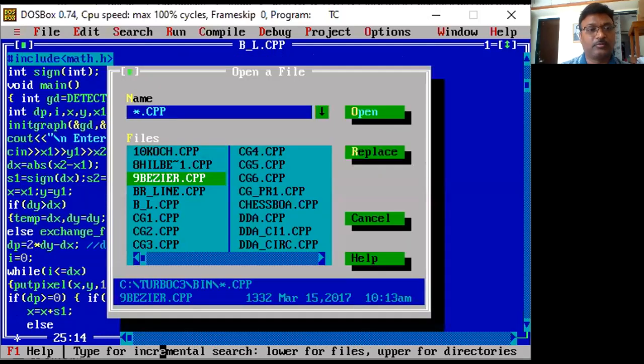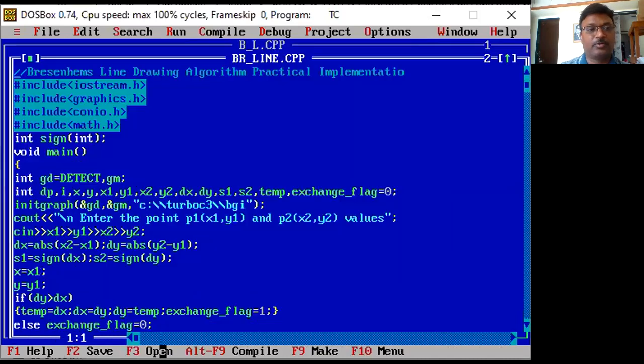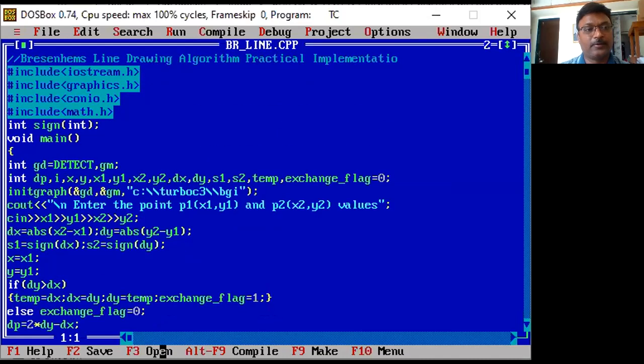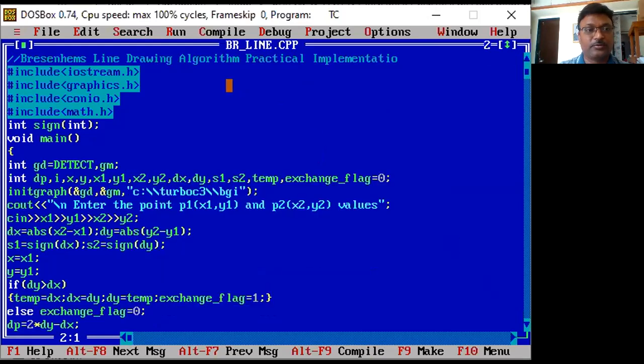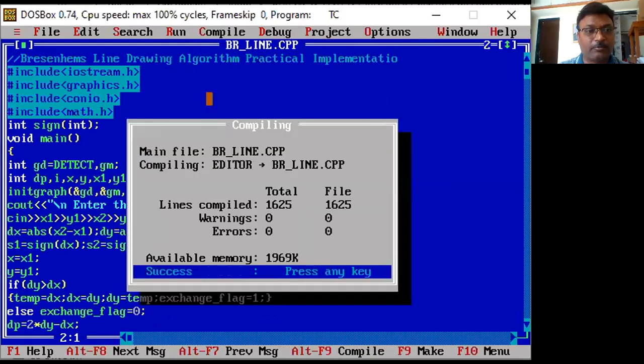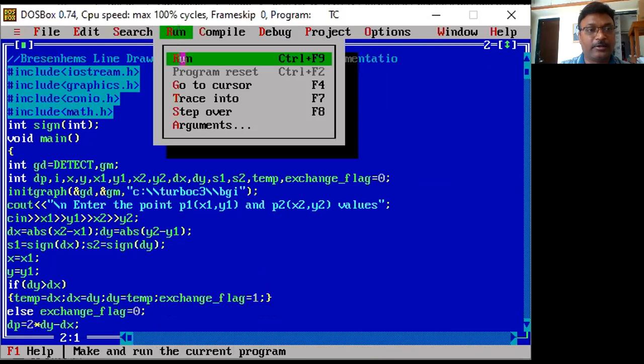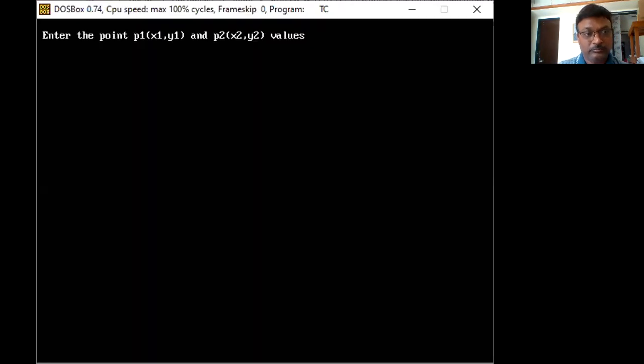What is our Bresenham's line program? Now that I have saved with F9, then go to compile the program and then run the program. So it is visible to all of you.